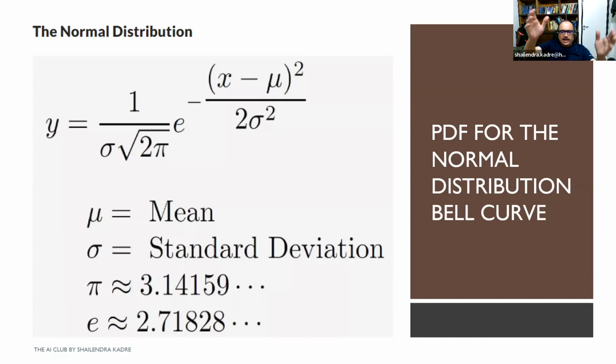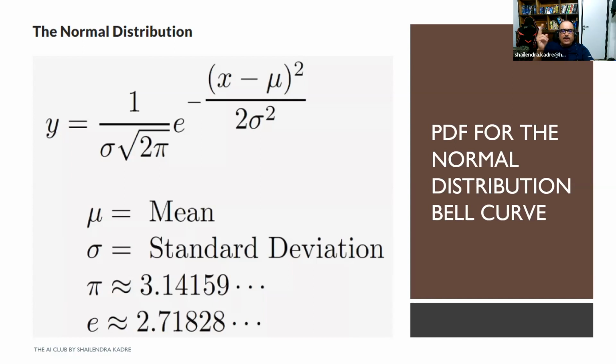Like x, I said, is a set of values. If I add up everything and divide by their total number, that is mu, nothing but the mean, the average, whatever we call it. If I take the average of x, that is mu. If I take the standard deviation of x, that is sigma.